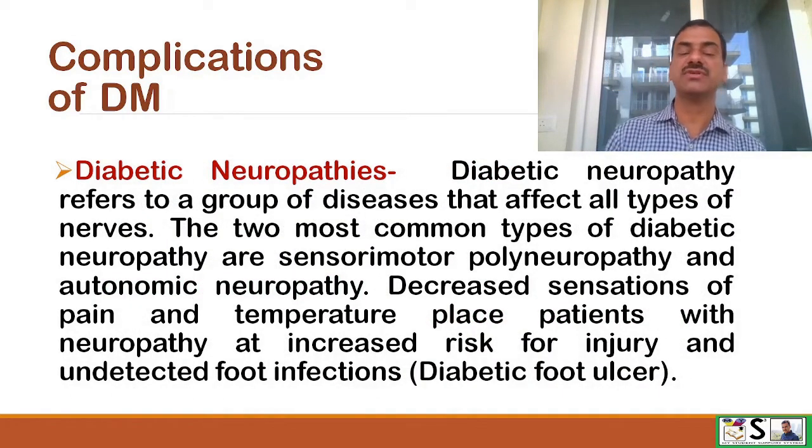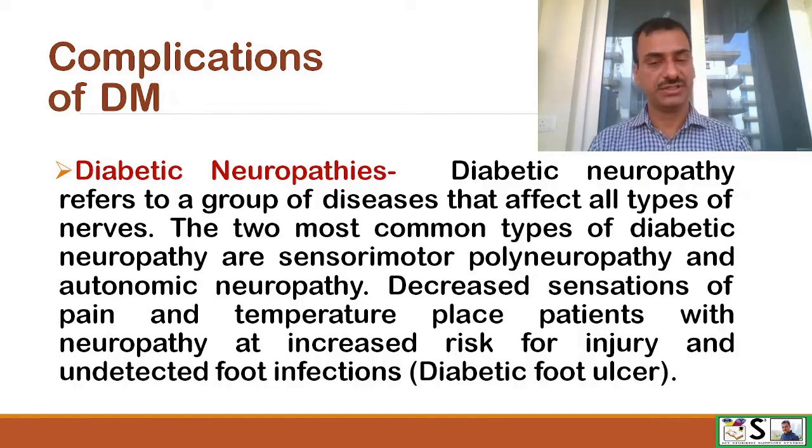Diabetic neuropathy refers to a group of diseases that affect all types of nerves, maybe sensory, maybe motor, and others. The two most common types of diabetic neuropathy are sensorimotor polyneuropathy and autonomic neuropathy.